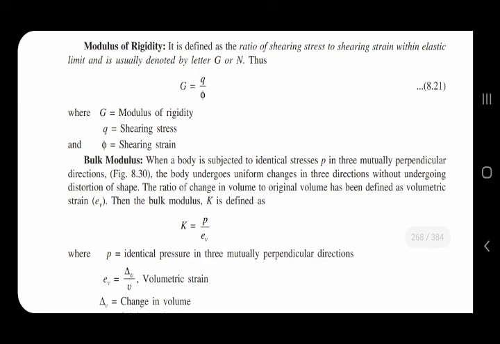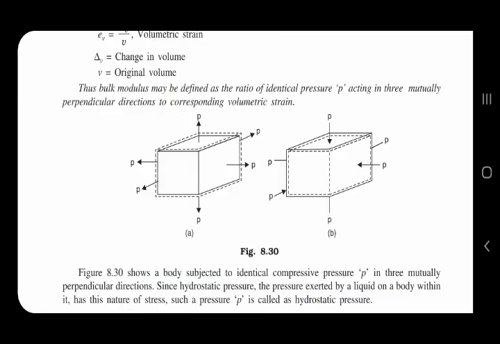The ratio of change in volume to original volume is defined as the volumetric strain, and the bulk modulus K is defined by K is equal to sigma by epsilon v, that is the volumetric strain which you have seen.